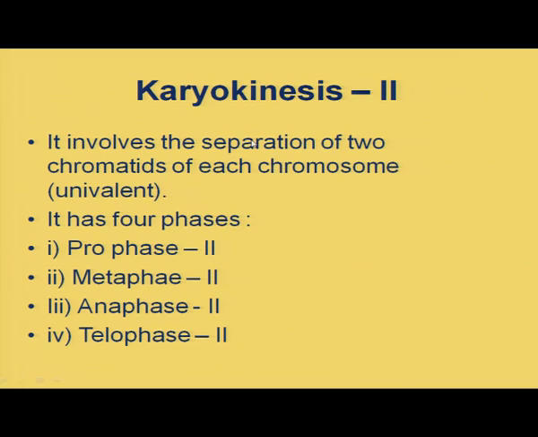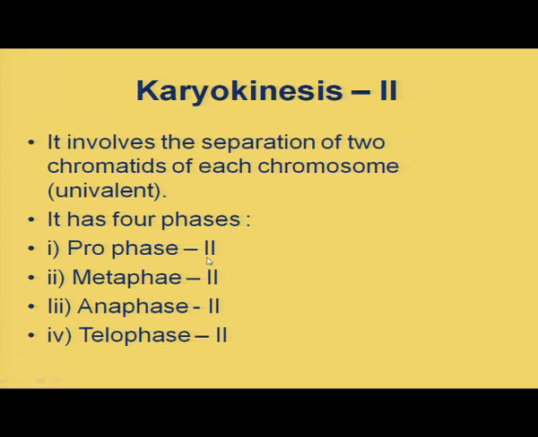Karyokinesis 2 involves the separation of two chromatids of each of the univalent chromosomes. Now, it has 4 different phases. You know what are the different phases?